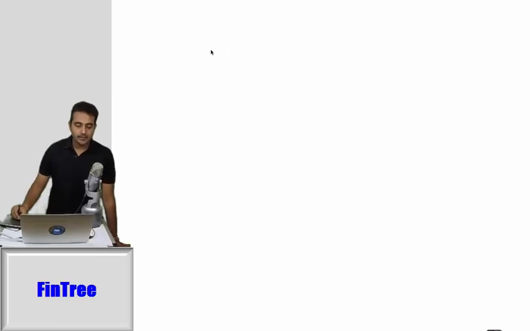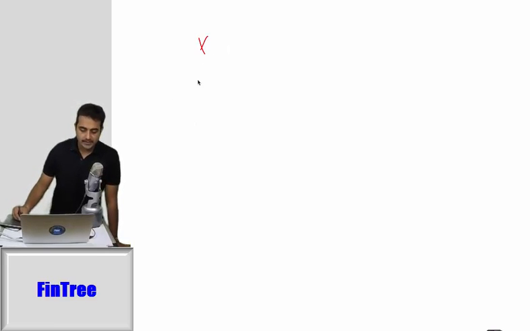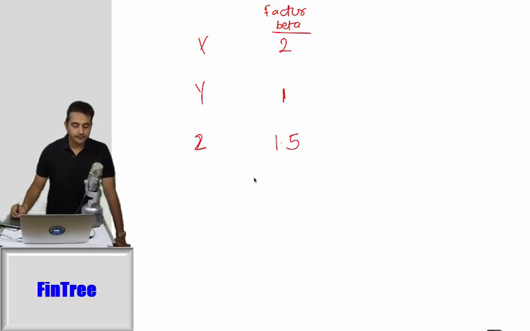Okay, so you would be given names of 3 stocks. Let me call them X, Y, and Z. Then you would be given the factor sensitivity of each stock. Let me call them factor beta. Let us say this is 2, this is 1, and this is 1.5. And then you would be provided with the expected return or risk premium for these stocks.